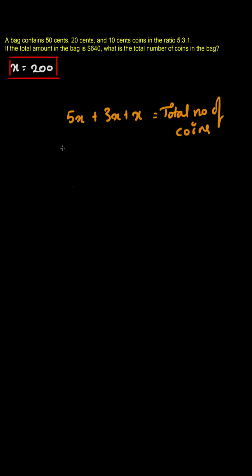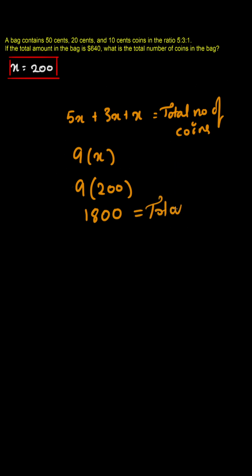Before that, we can take x out, so it's easier. 5 plus 3 plus 1 is 9, so 9x. We know x is 200, so 9 times 200, and 9 times 2 is 18, so 1800.